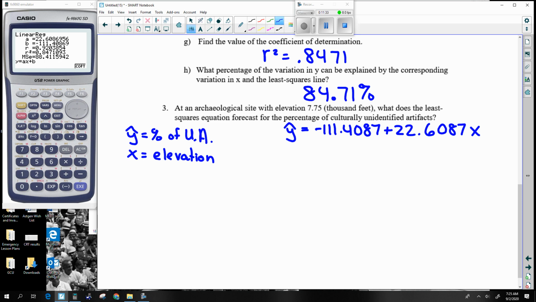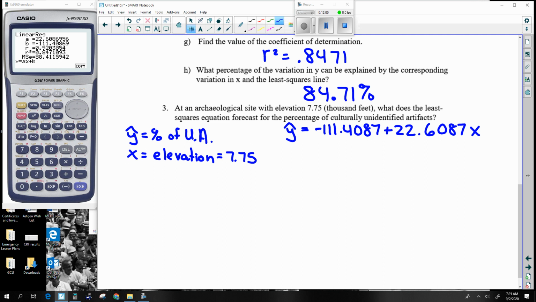In number 3, it says at the archaeological site with an elevation of 7.75 thousand feet, what does the least squares equation forecast for the percentage of culturally unidentified artifacts? So 7.75 is an elevation, so that is an x variable, because sometimes they will give you a y and you need to answer x.